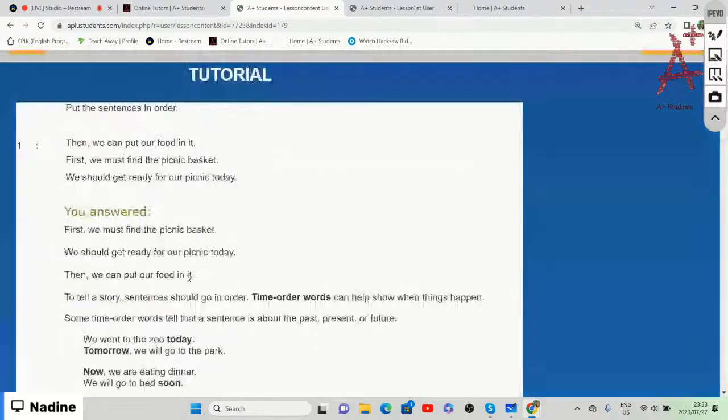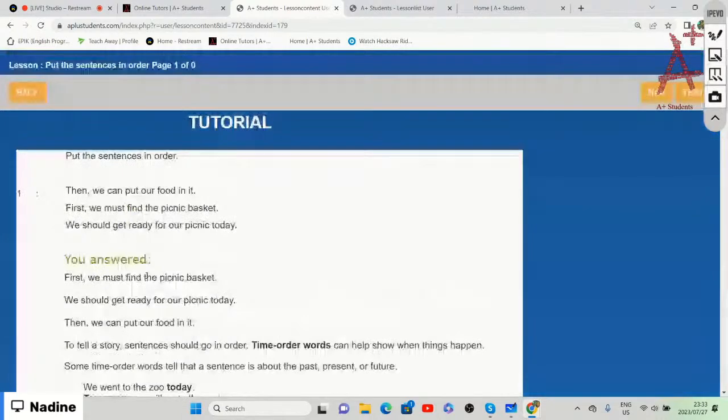All right, we need to put the sentences in chronological order, which means we need to put them in the order from what is first to what is last. So the first sentence that is given to us is: then we can put our food in it.